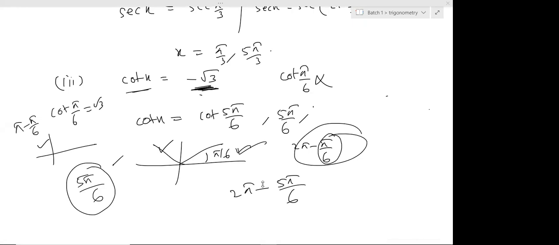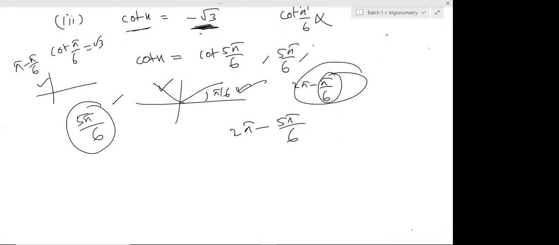Right. Okay. Next question. Abdul Arsalan, is this clear? All right. Next question. Sin x is minus root 3 by 2.